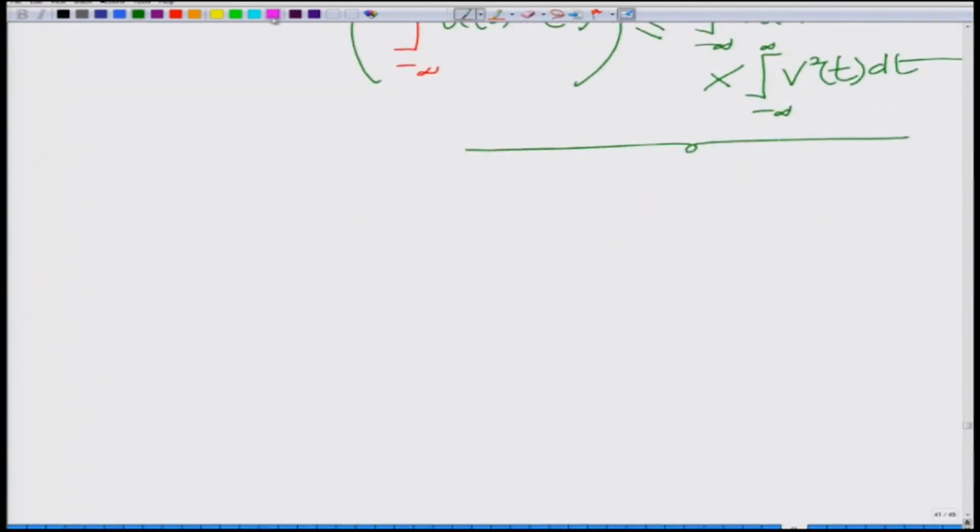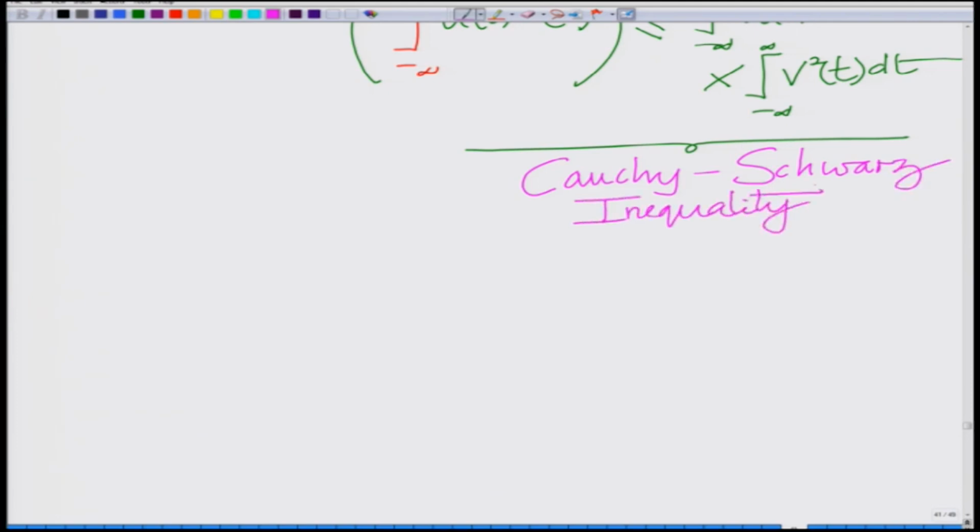This is termed the Cauchy-Schwarz inequality for the integral of two functions.